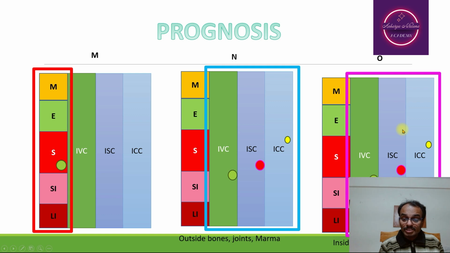Whereas if they are present inside the bones, joints or marma, we need to take much extra care to bring the dosha from those into the alimentary canal. Hence the person with the pathogen in M is easy to cure, in N we need to take much extra care, whereas in O it will be very, very difficult to bring from the compartments into the alimentary canal.